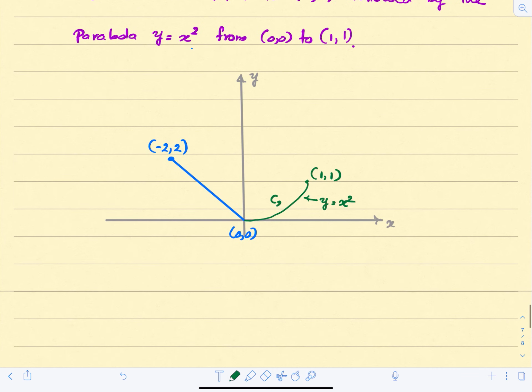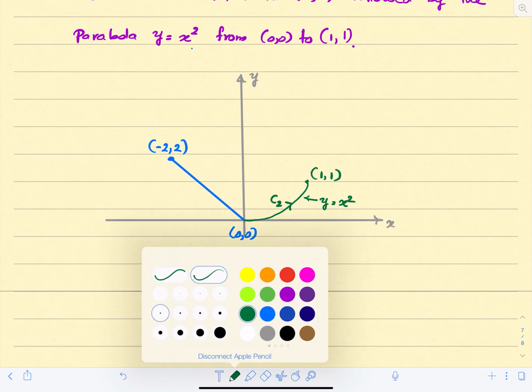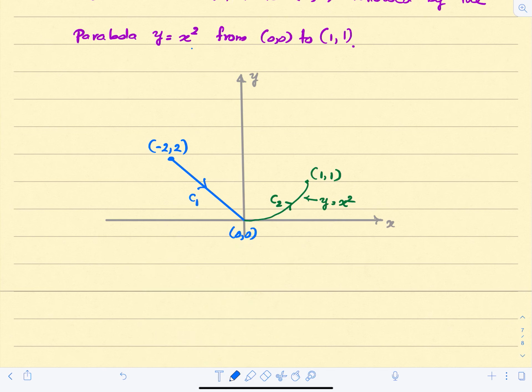So this is your curve C2, this is your curve C1, and the equation of this line should be y equals -x. Of course it should go through the origin, and its slope is -1. So the equation of that line is y equals -x, and the equation of the parabola is given. It is y equals x squared.